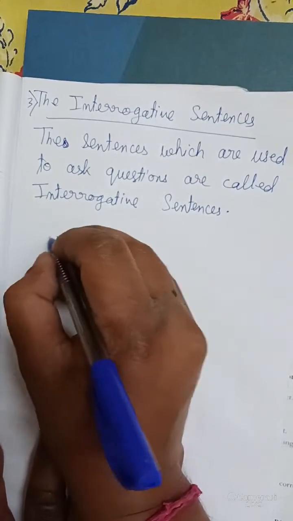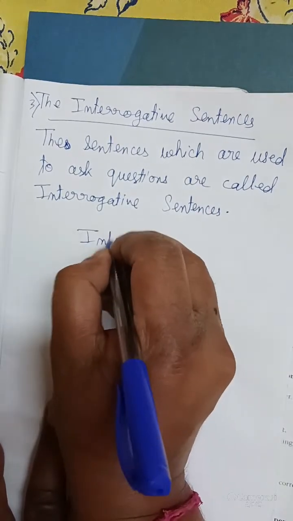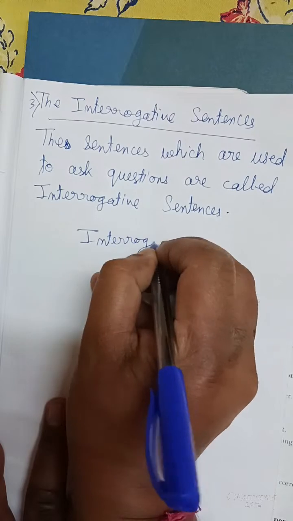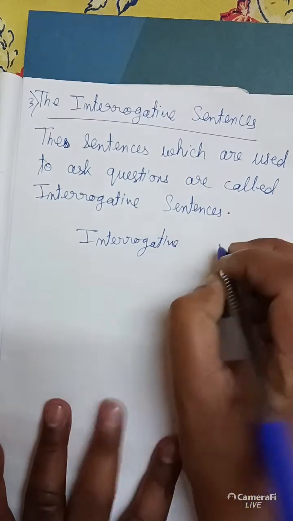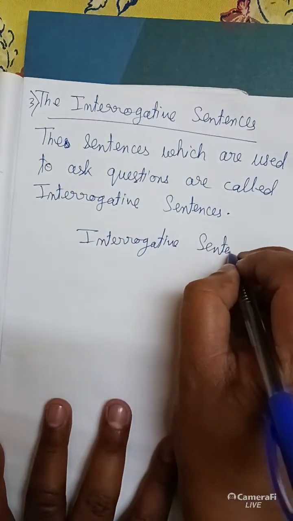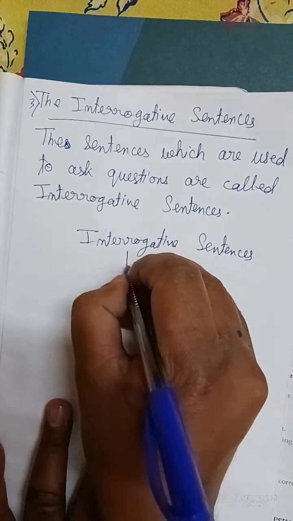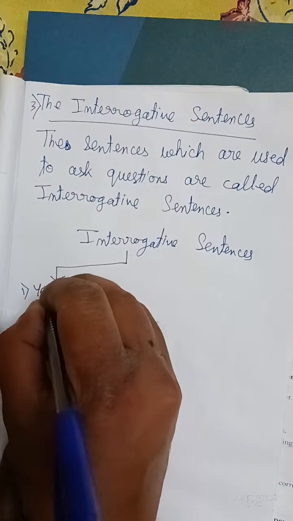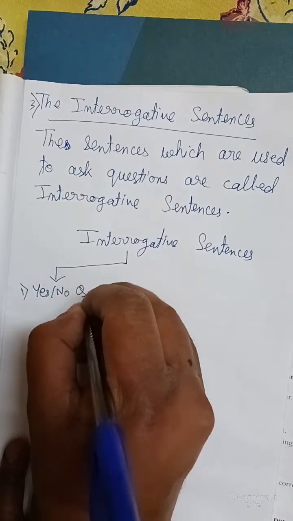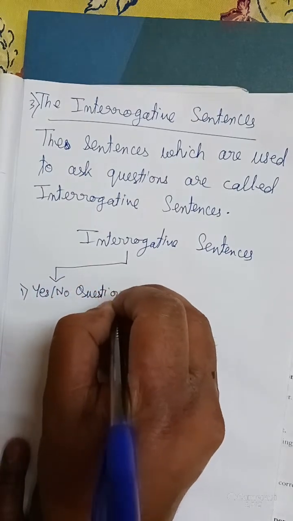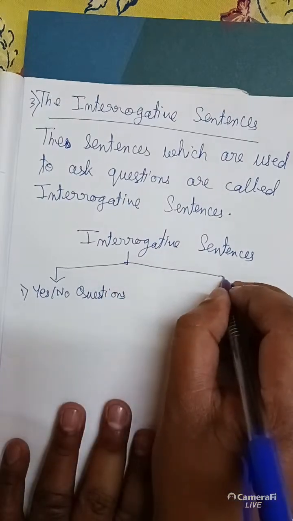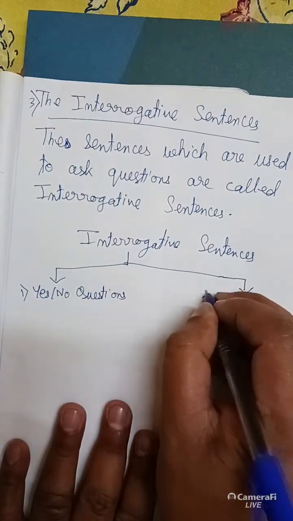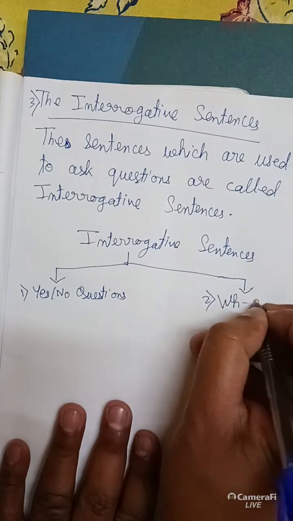They are of two types. Number one is yes-no, and number two is WH.